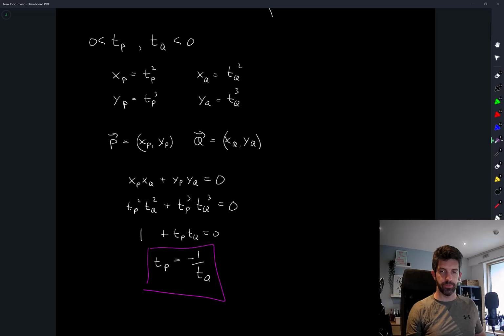The rest of it was just messy algebra without really any inspiration needed, I guess. Yeah, I don't think I have much more to say about this one.